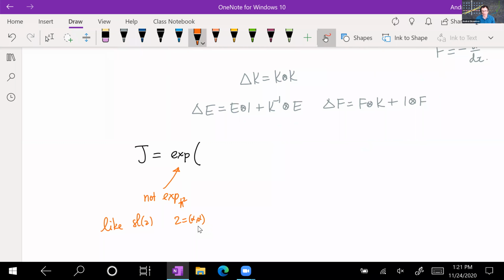And our roots are isotropic, so you get ordinary exponential. I believe this is correct, just copying from my notes. In other words, it is like SL2, except it's simpler.